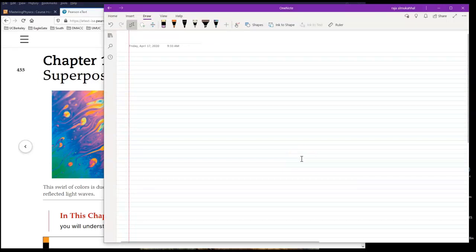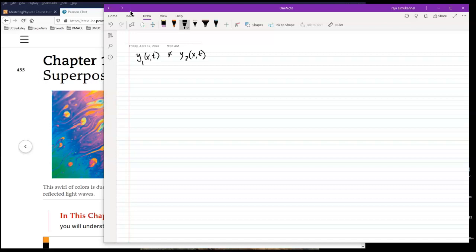Let's first ask the question: what happens when two waves pass simultaneously through the same region? Say I have a wave y1 of x,t and y2 of x,t.